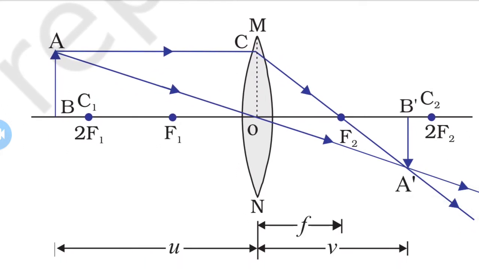Now next, the position of the object beyond 2F1, and the image is obtained on the opposite side of the object between F2 and 2F2. It is real and inverted, and the size is smaller than the object, that means diminished.